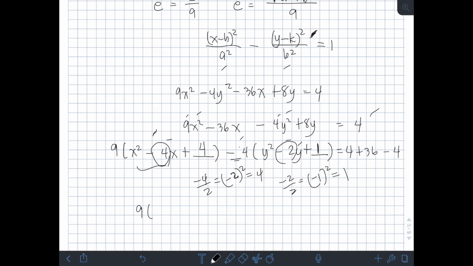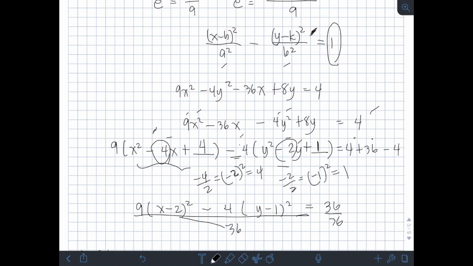So, we can factor. 9 times this x, it is factorable as x minus 2 squared. Right? Then minus 4. This y is factorable as y minus 1 squared. Equal, 4 plus 36 minus 4 is 36. Okay? We want the right side to be 1, so we divide both sides by 36.